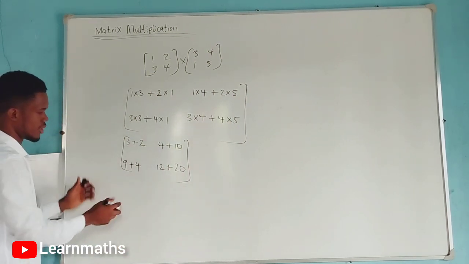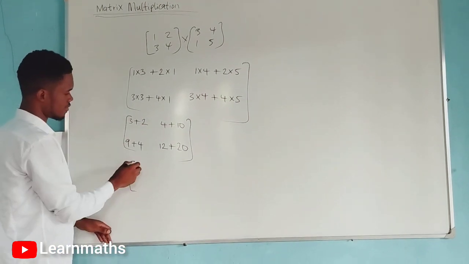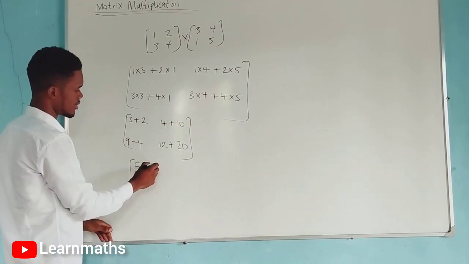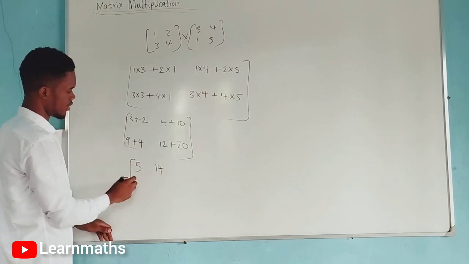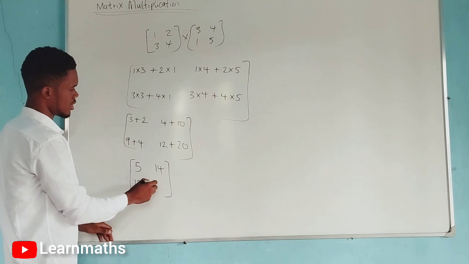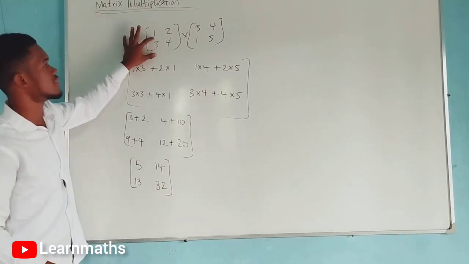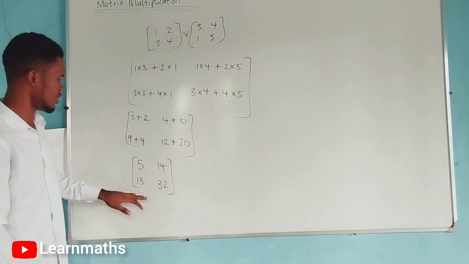So let's add these numbers together to get the final matrix. 3 plus 2, that's 5, 4 plus 10, that's 14, 9 plus 4, that's 13, and 12 plus 20, that's 32. So if you multiply this matrix with this matrix, this is what you're going to get.